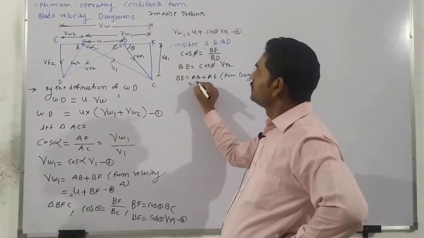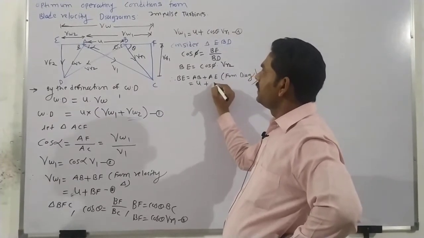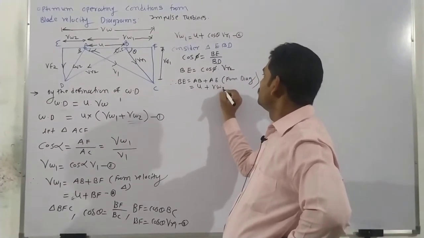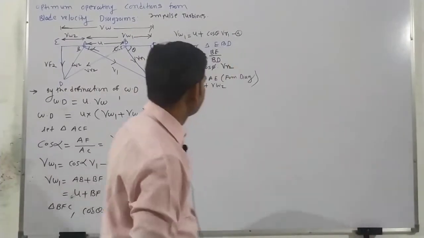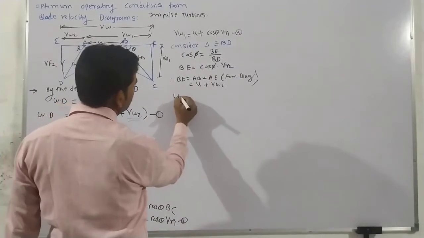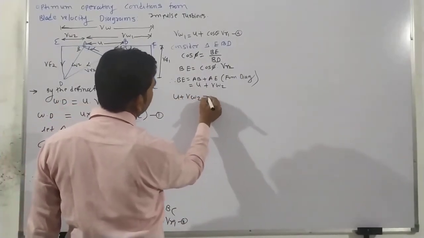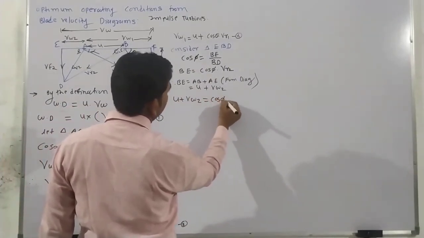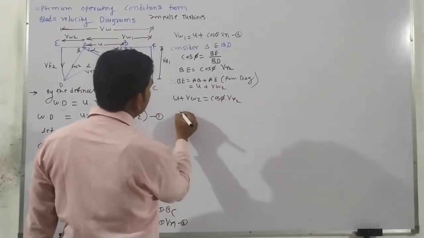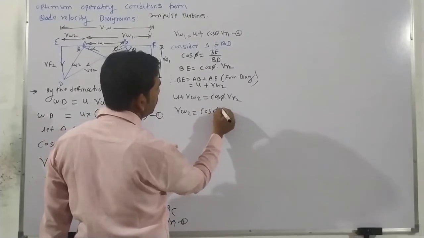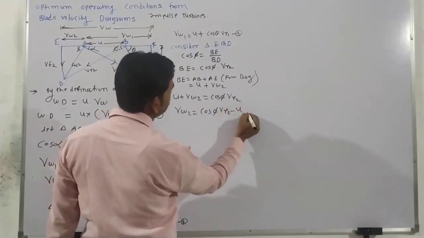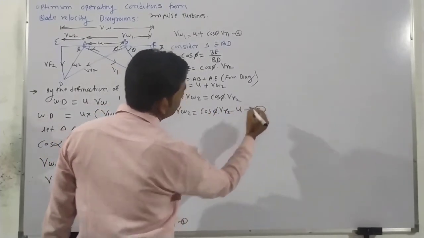AB is U and AE is VW2. So we can modify this equation for BE. We get U plus VW2 is equal to cos phi into VR2. So VW2 is equal to cos phi VR2 minus U. Suppose this is equation number 5.